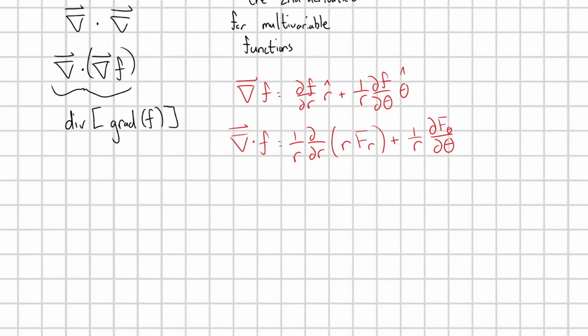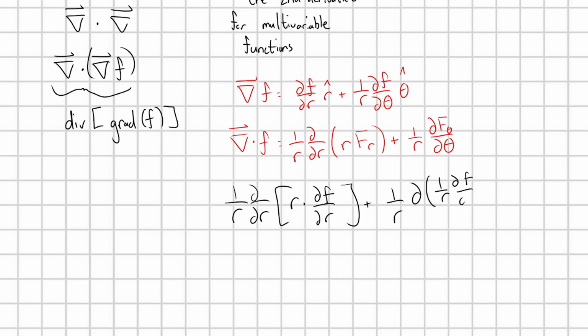So I'm just literally going to plug in for f of r here in my divergence expression. We're just going to plug in the component in the r direction from my gradient, right? And same deal here. It's going to be really quick. So I have 1 over r d dr of r times df dr plus 1 over r d d theta of 1 over r df d theta.